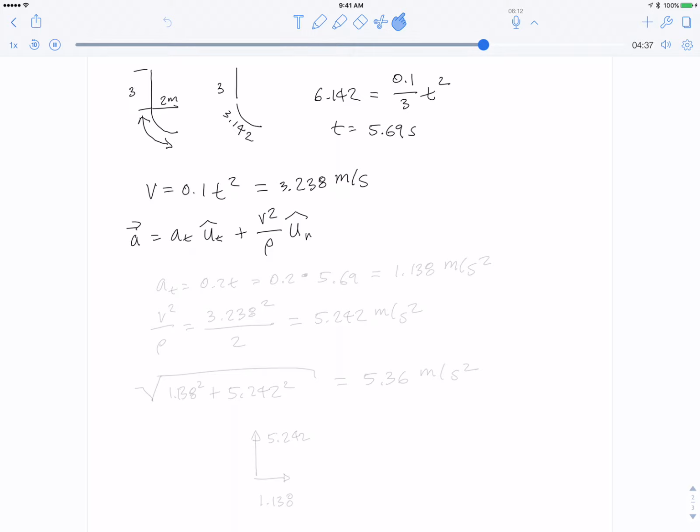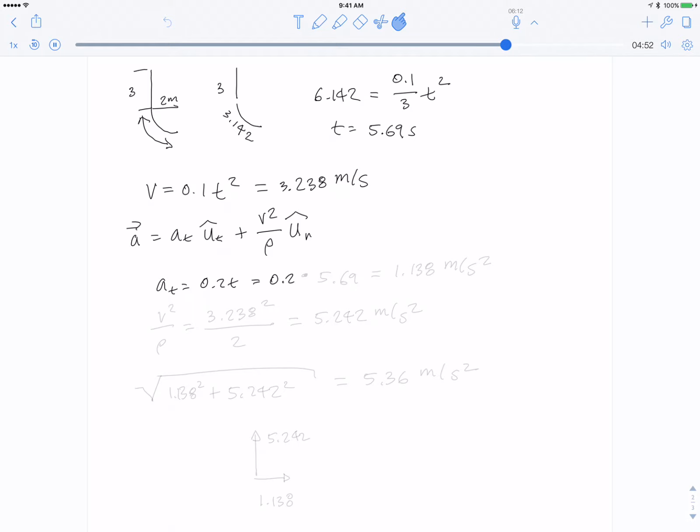So here's the acceleration again. The tangential component was given as 0.2t, and t was 5.69 seconds.